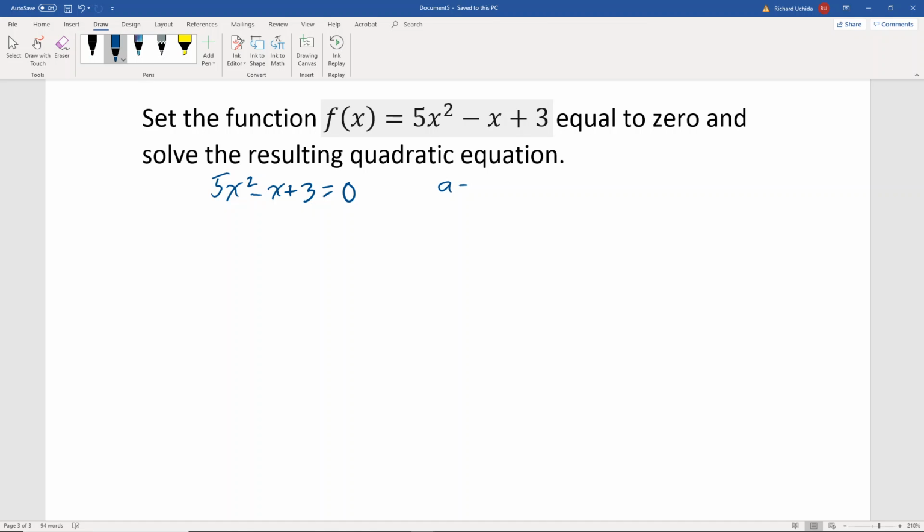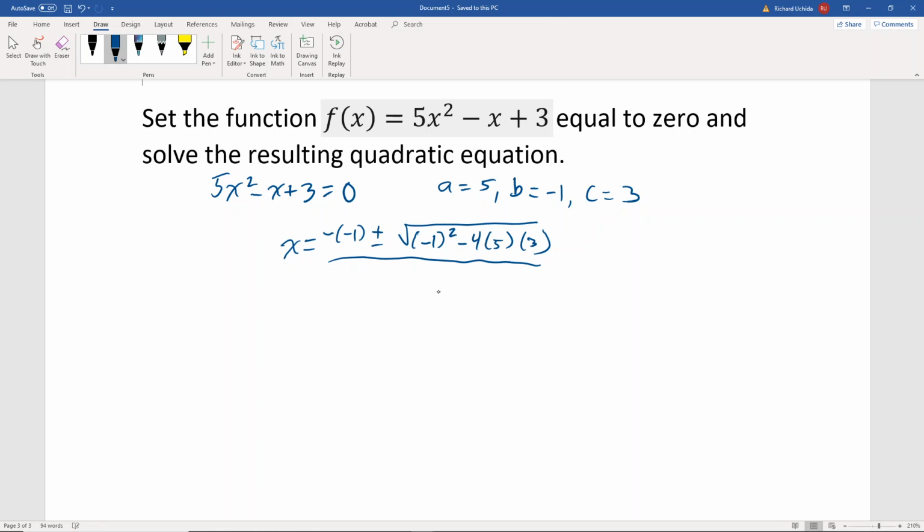So in this case, a is 5, b is -1, c is 3. So plugging those into the quadratic formula, we'd have x equals negative b, so negative -1, plus or minus the square root of b squared, so -1 squared, minus 4 times 5 times 3, all over 2 times a, so 2 times 5.